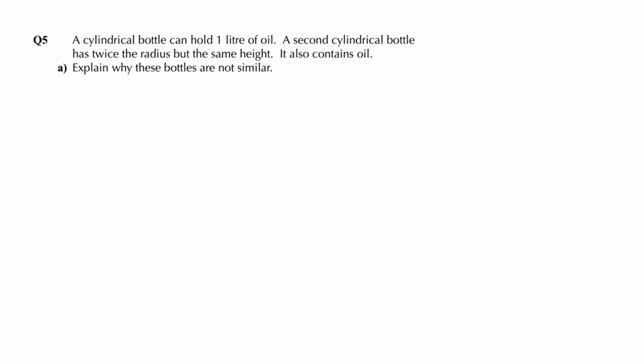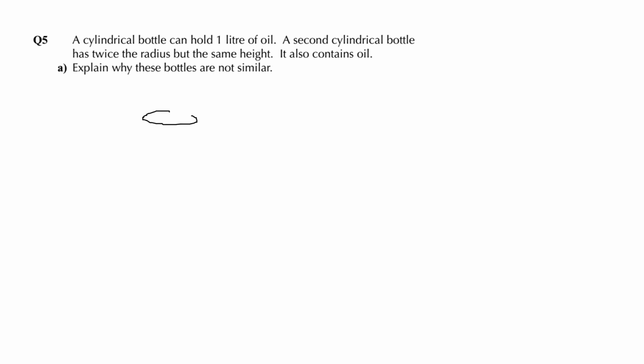So, final question. A cylindrical bottle can hold 1 litre of oil. A second cylindrical bottle has twice the radius but the same height. It also contains oil. Explain why these bottles are not similar.